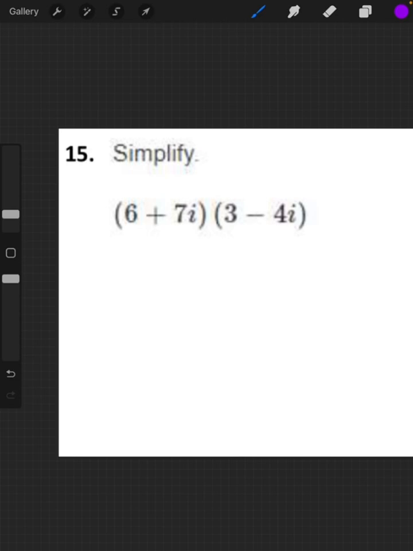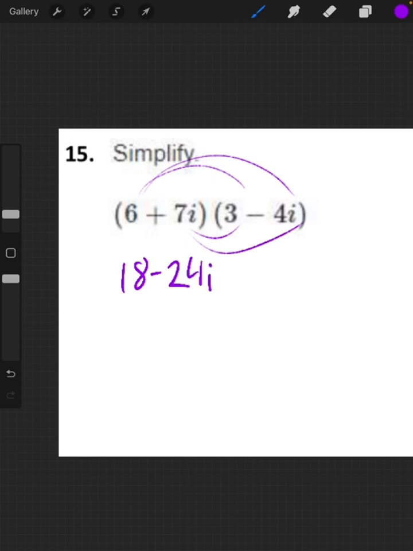Looks like you're multiplying the two parentheses together, so you just distribute. So, 6 times 3 would be 18. And then 6 times negative 4i would be negative 24i.